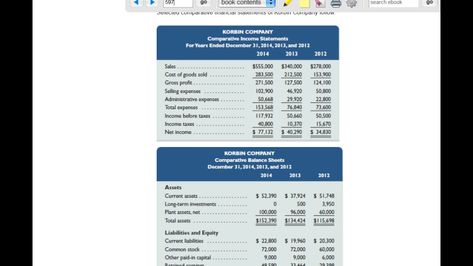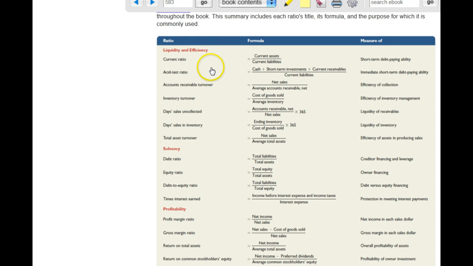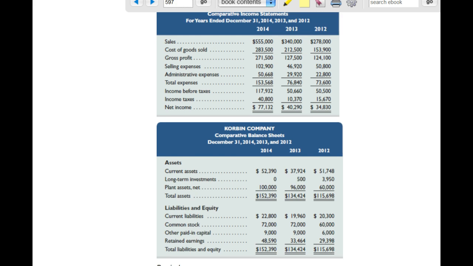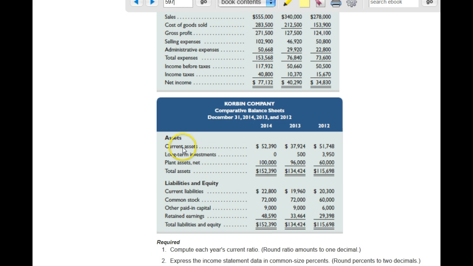Okay, so the first thing I wanted to show you based on this is the current ratio. Current ratio is current assets divided by current liabilities. So here's the Corbin Company, if you can see it, and here's their current assets, $52,000, current liabilities, $22,000. Normally they're not labeled for you, so you're going to have to pick them out.